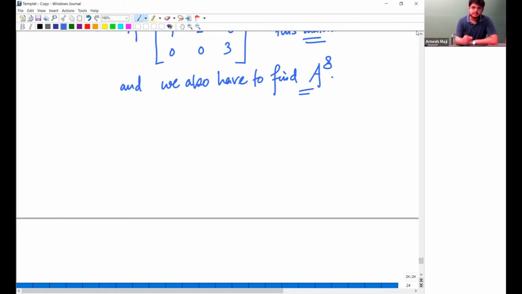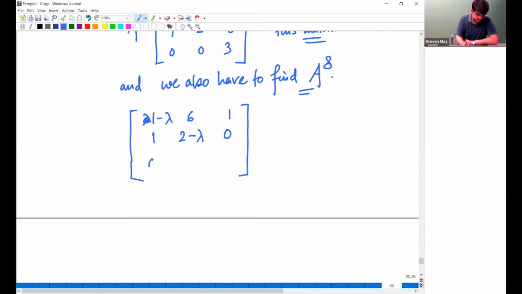Before we diagonalize this, we have to find the eigenvalues and eigenvectors, and that requires us to find the characteristic equation, the determinant of this as 0.